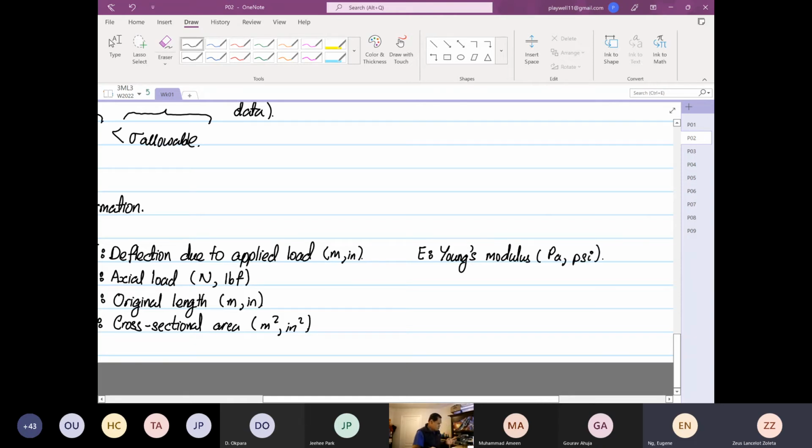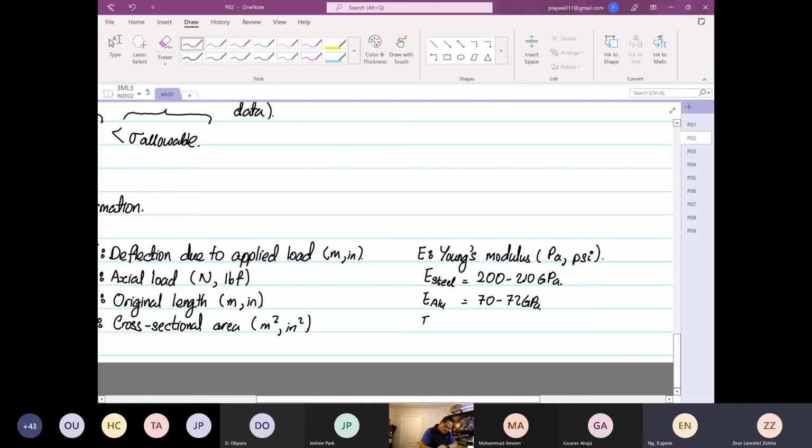Okay, so just to give you some idea of Young's modulus. Young's modulus of steel is equal to 200 to 210 gigapascal. Young's modulus of aluminum is between 70 to 72 gigapascal.